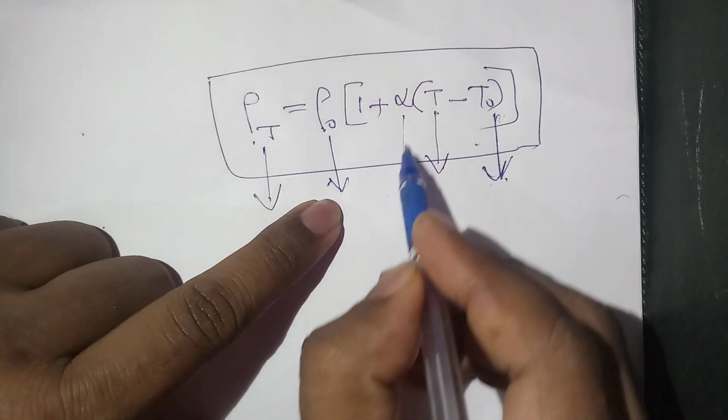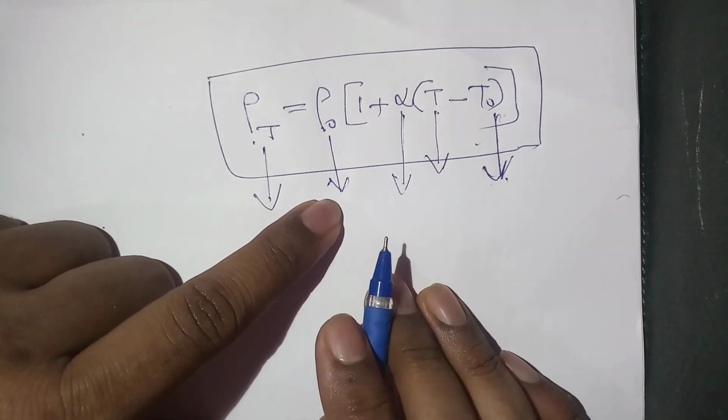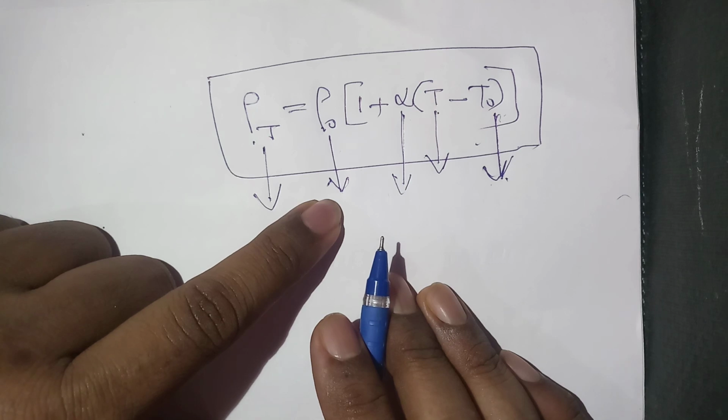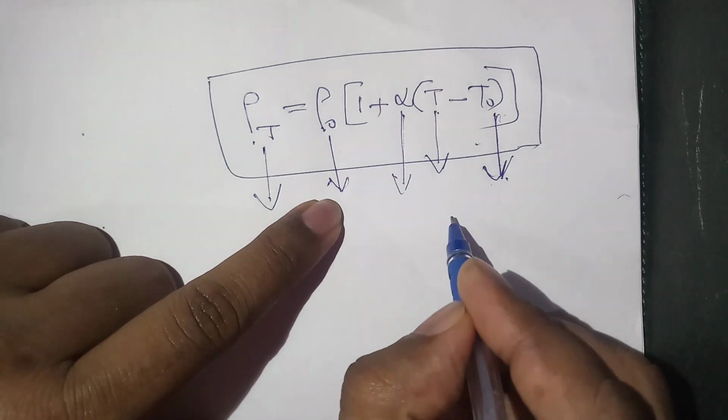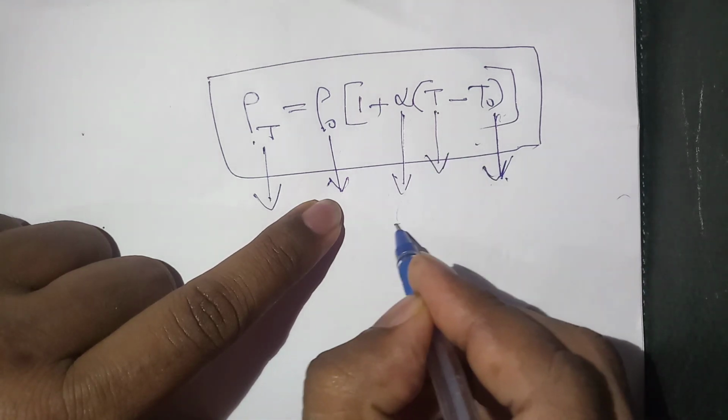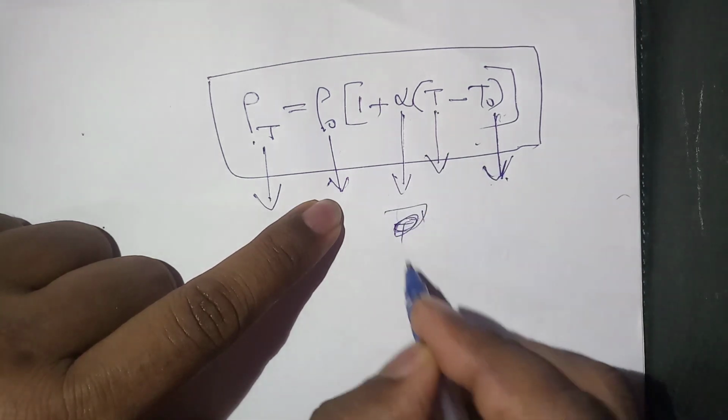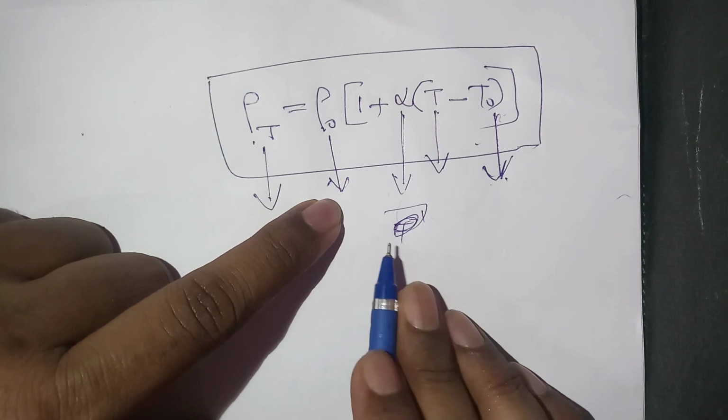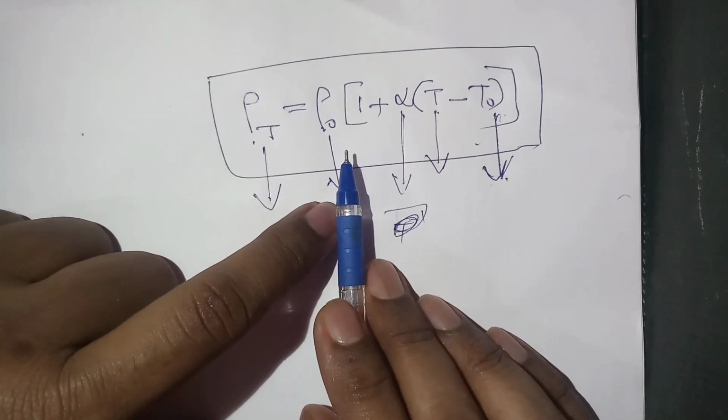And this alpha is the most important thing. This is called the temperature coefficient of resistivity. The dimension of this will be temperature raised to the power minus 1, that is per Kelvin. So this is the important equation.